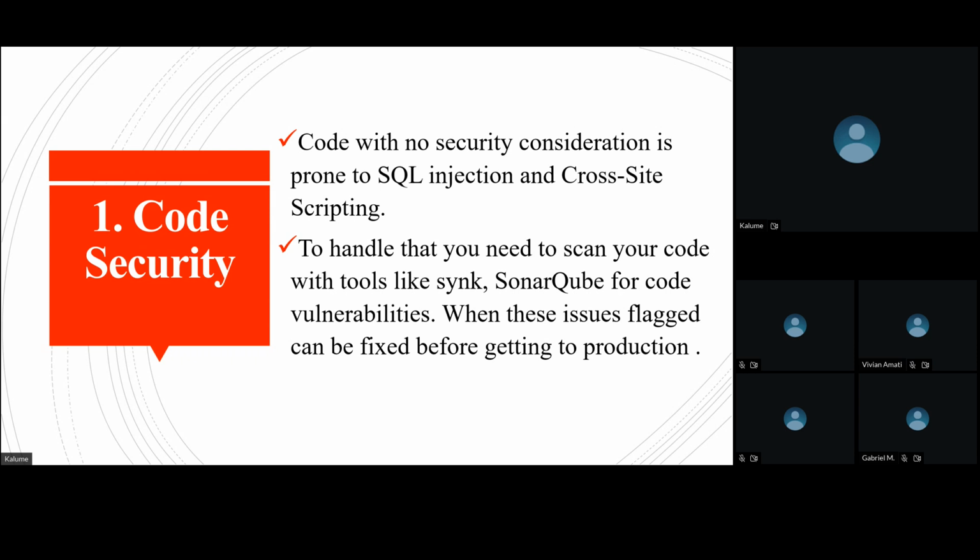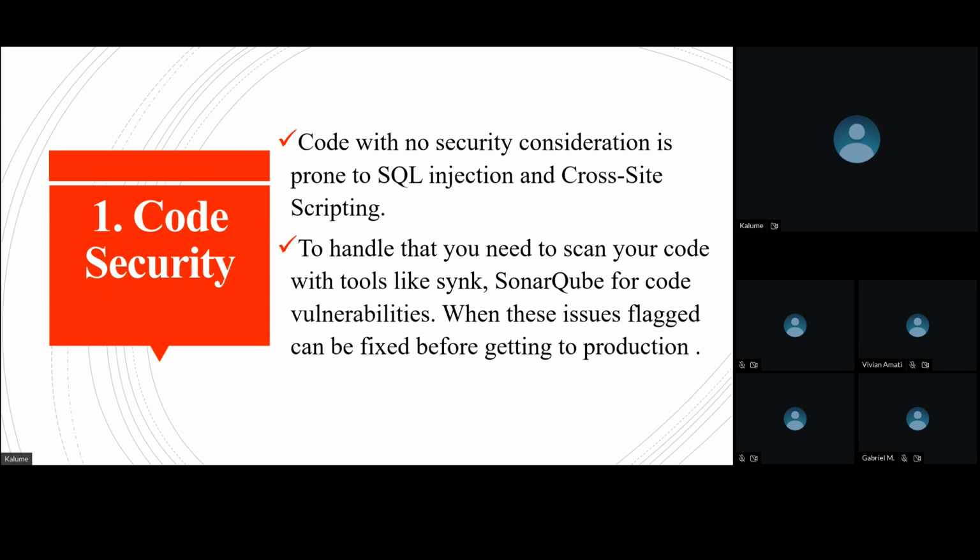But we also have another tool called Trivy. Trivy will scan for vulnerabilities, both for the code and also for the base image. Then you have another tool called Checkmarx. Checkmarx checks for passwords or credentials that have been committed to the repository.